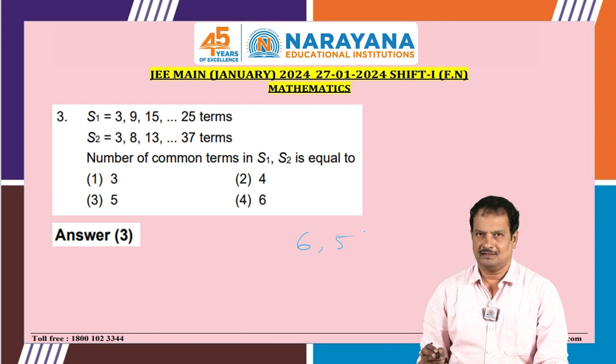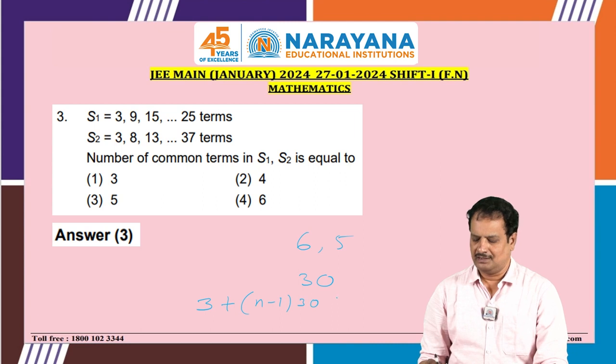Whatever sequence is formed by the common terms will have a common difference which is the LCM of these two, that means 30. So 30 is the common difference of the series formed by the common terms. And you can clearly see that 3 is the first common term. So you can take 3 plus, because that is the first term, n minus 1, the number of terms we don't know, into common difference 30.